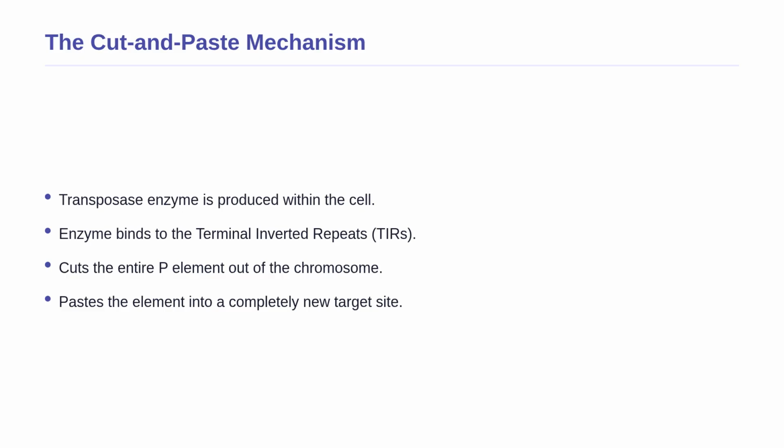It then carries this DNA sequence and pastes it into a completely new target site. This is known as a cut and paste mechanism of transposition. Because the element physically removes itself and forces its way into a new location, it leaves behind a broken DNA strand and often disrupts the new gene it lands in, causing significant genetic instability.